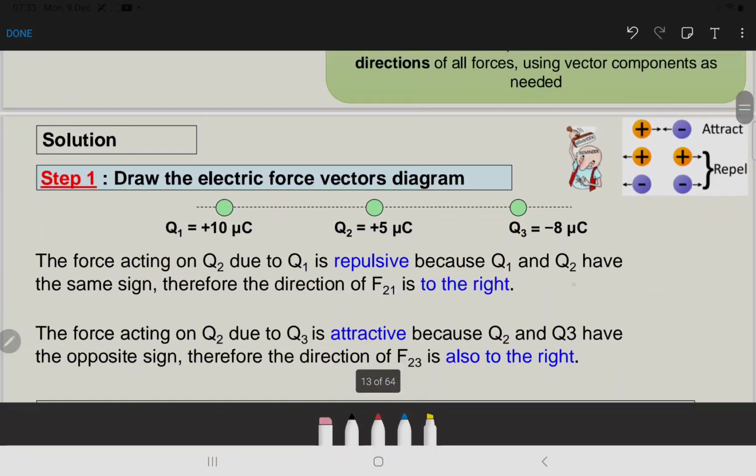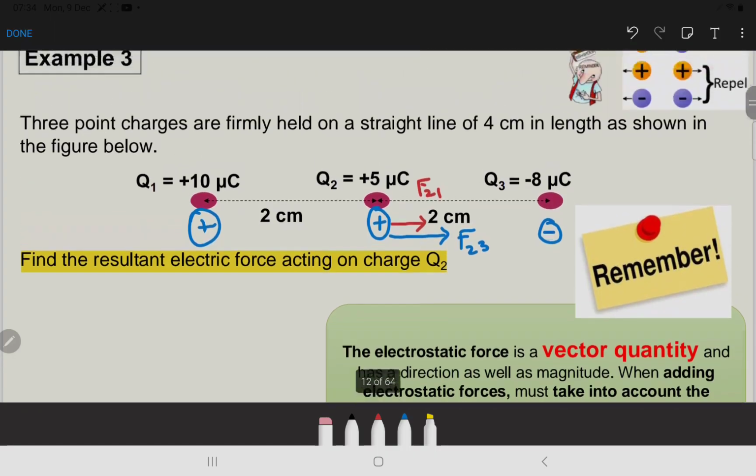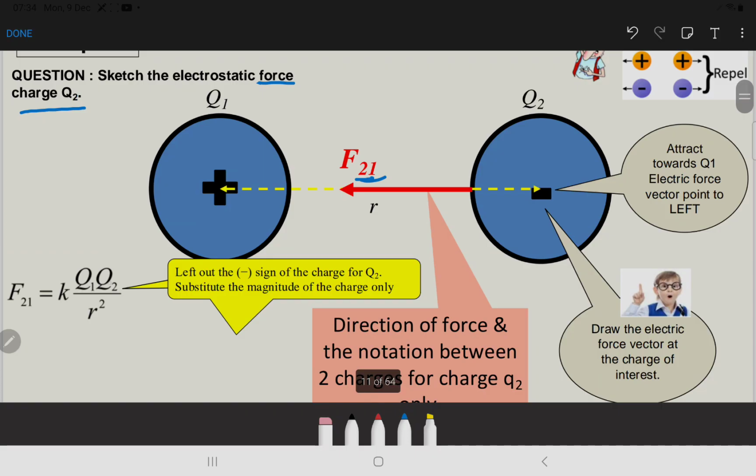Over here they have given the instructions on how to find the solution, and basically I have explained it. First you need to draw the direction of the forces acting. Once you have the direction, apply it in the equation and then calculate the value.